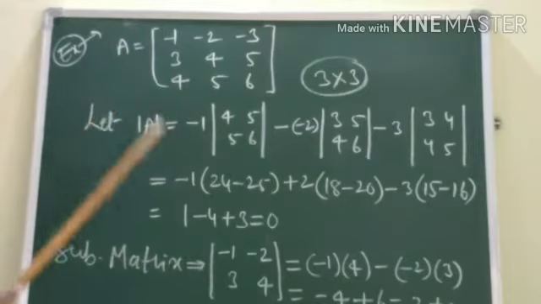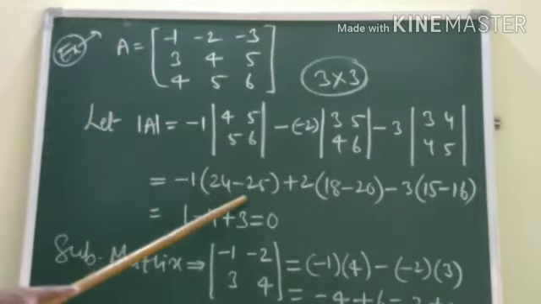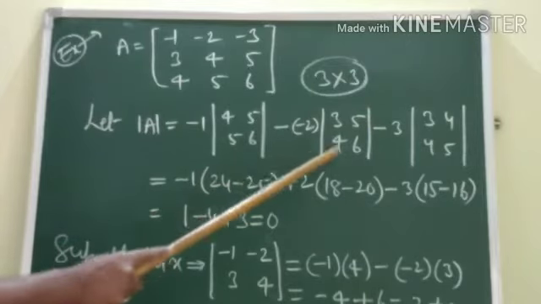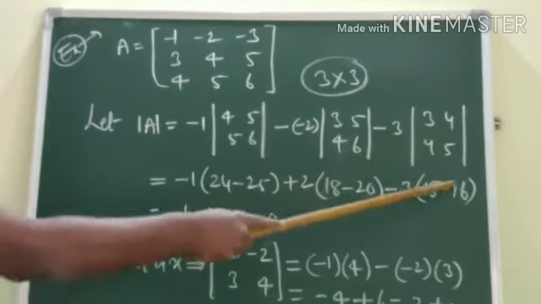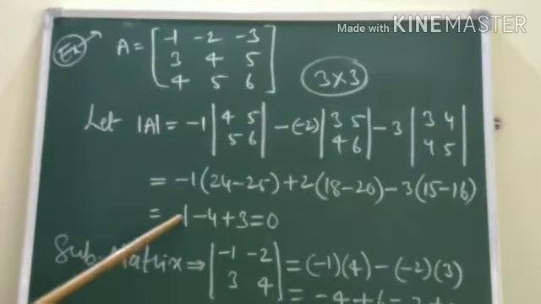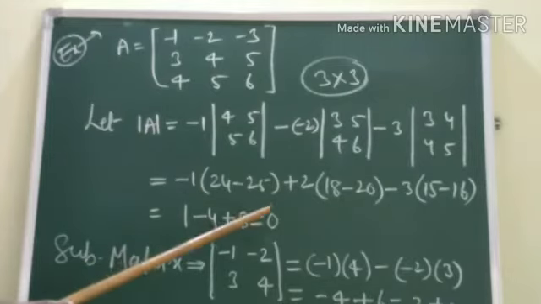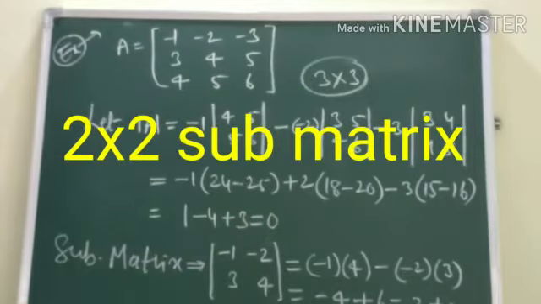By simplification, we get minus 1 into 24 minus 25, minus of minus 2 plus 2 into 18 minus 20, minus 3 into 15 minus 16. That is equal to 1 minus 4 plus 3, which is 0. Here determinant is 0. Then we go for submatrix.